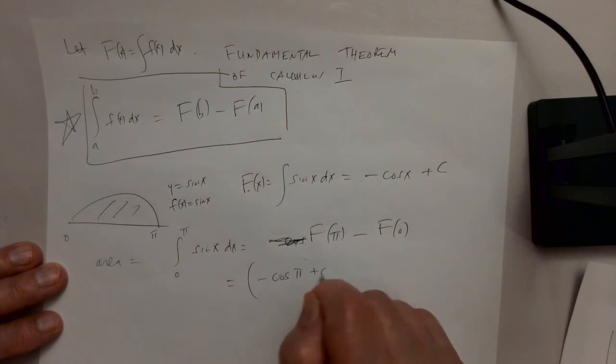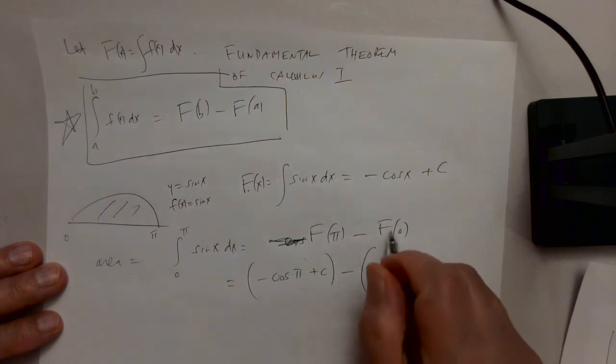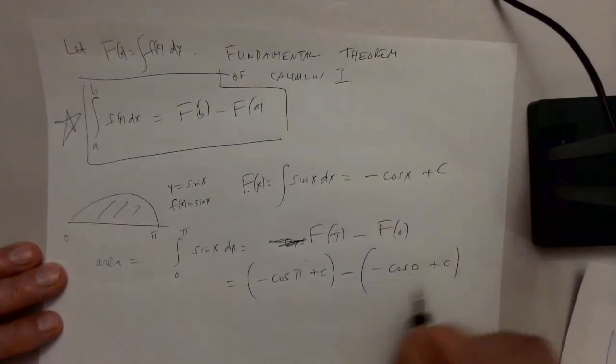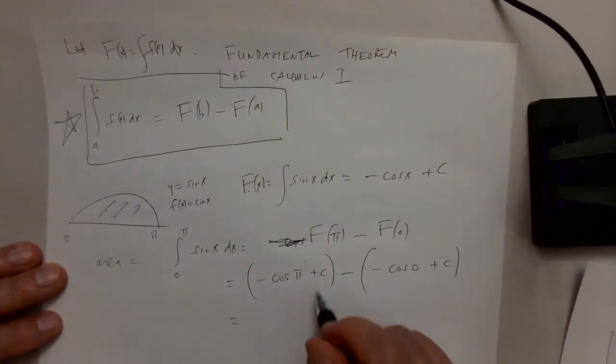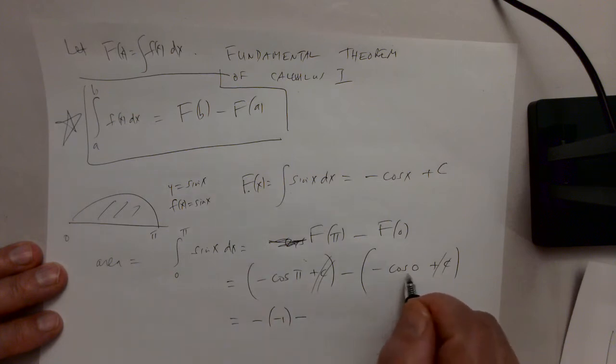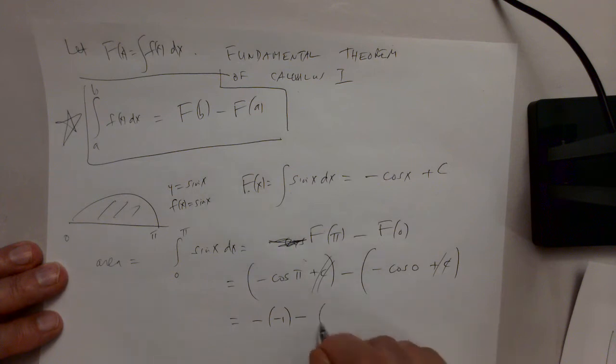Minus cosine pi plus c, minus capital F of 0, minus cosine 0 plus c. We see that these constants cancel out. Cosine pi is minus 1, so that's minus minus 1. Minus, let's see, cosine of 0 is 1, minus 1. So that's equal to 1 plus 1, it's 2.